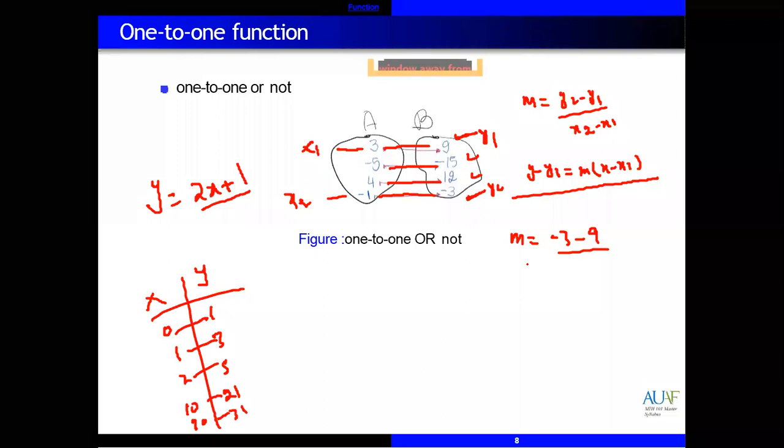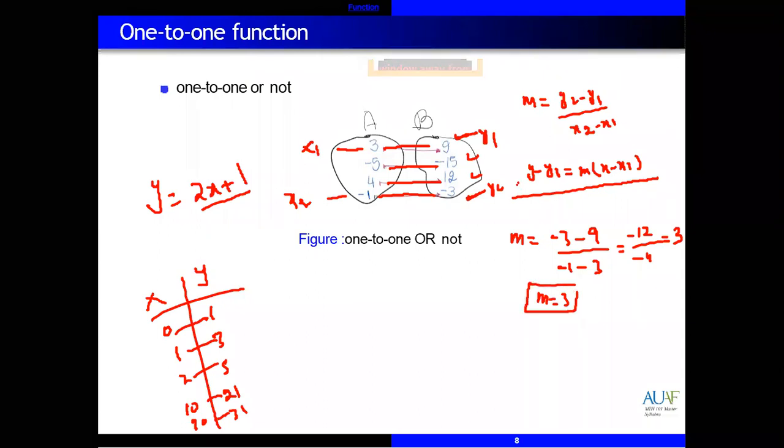x2 is actually -1 and -3. This means -3 minus 9 is -12, divided by -1 minus 3, equal to -4. So the minus cancels with -4, and 12 divided by 4 is equal to 3. So the slope is 3.